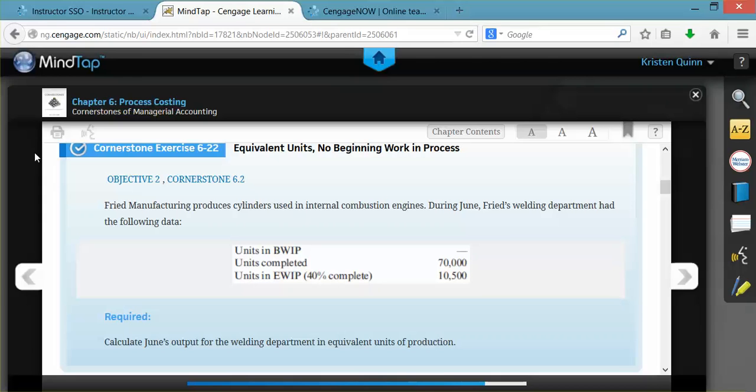There were no units in beginning work in process. They were able to complete 70,000 units, and they had 10,500 units in ending work in process that they were able to complete 40%. So we need to calculate June's output for the welding department in equivalent units of production.